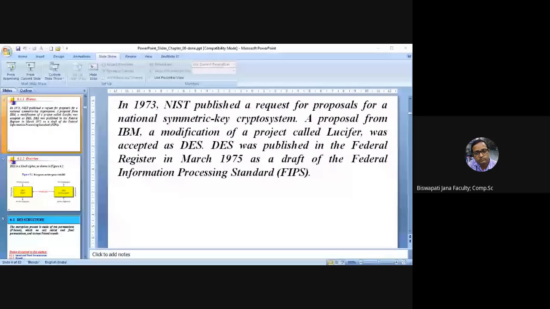Now this DES is basically a block cipher, and the basic architecture or basic schematic diagram is shown here. First, for the encryption and decryption of DES, we have to choose a 64-bit plain text and a 56-bit key.